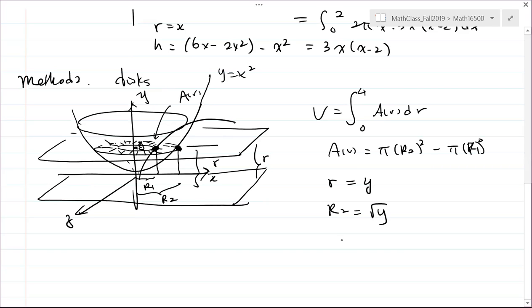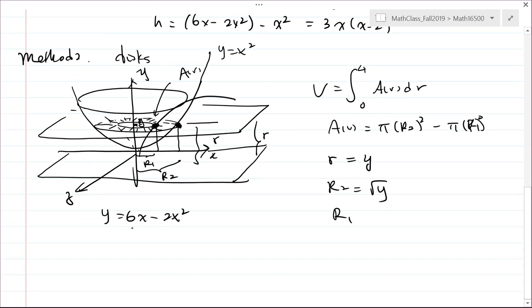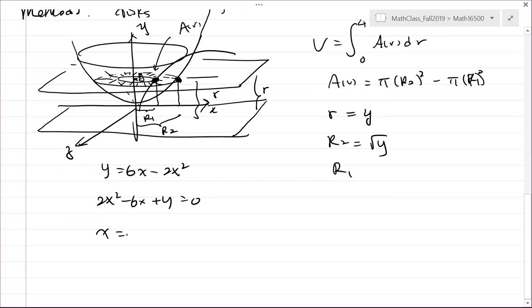How about R1? We have the equation y equals 6x minus 2x squared. For the fixed y, I have to solve for x. So x squared minus 6x plus y equals 0. Then x is going to be 6 plus or minus the square root of negative 6 squared minus 4ac.